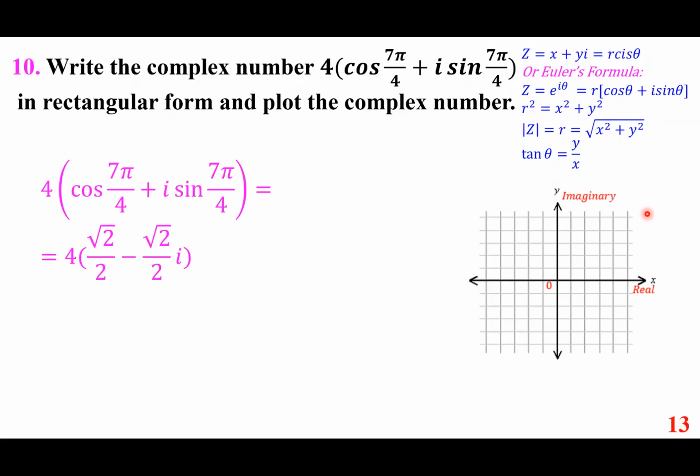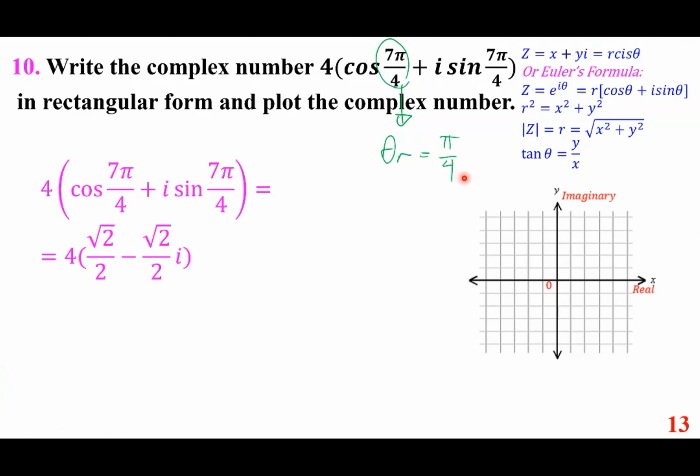And so for cosine of 7 pi over 4, as you know, the reference arc is pi over 4. Cosine in the fourth quadrant is positive.